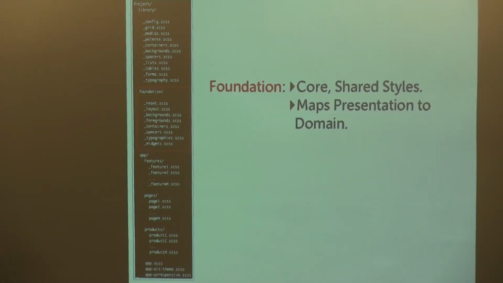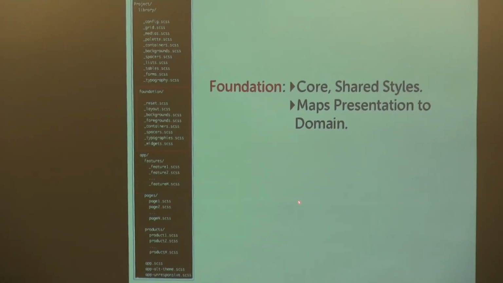Then we have our foundation. This is where we define our class names, where our reset lives, where our layouts live, widgets, things like that. And the job of the foundation is to map these core presentational concepts into application styles that are within the visual domain of our application. The pure application domain is down here in the app, and that lives in a different part.